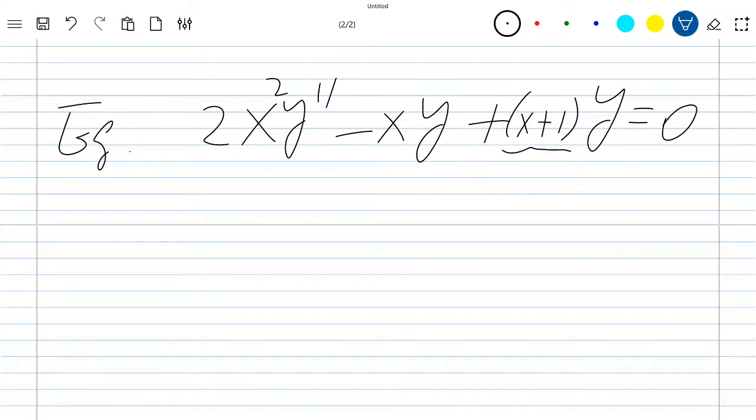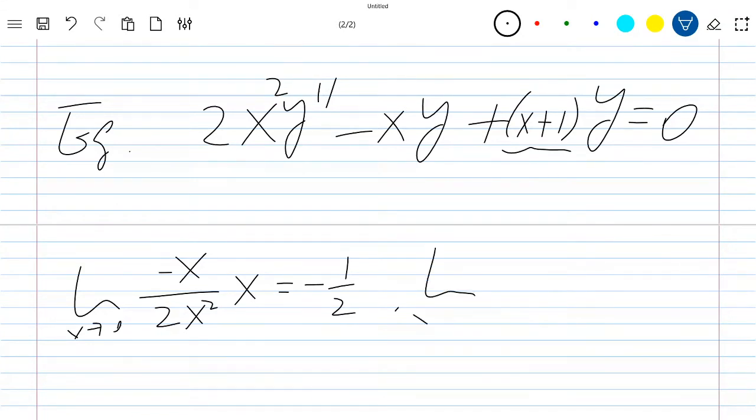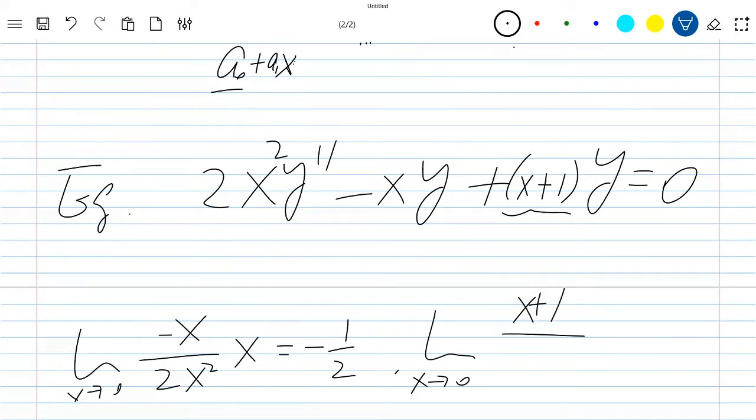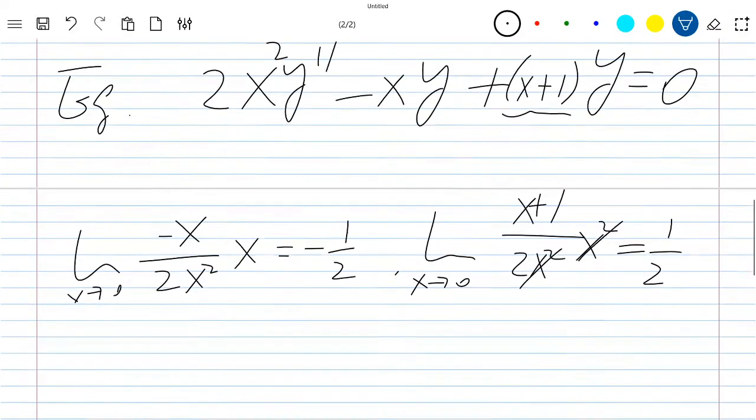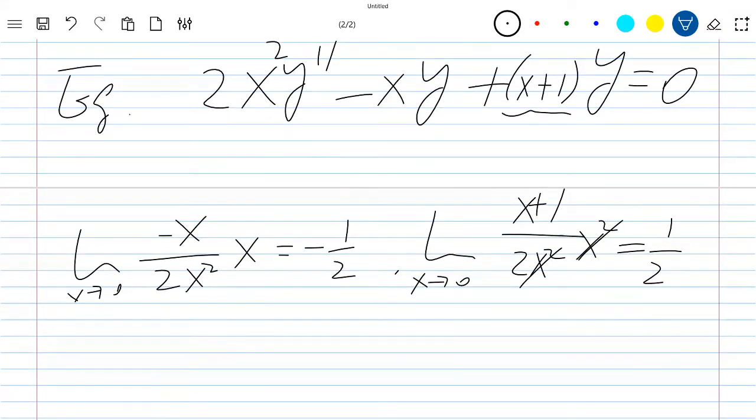Or if you really go through the procedure, you can see q equals this, p equals that, then you times x, then this will give you negative 1/2, and if you go through this limit, x plus 1 over 2x squared times x squared, then this will convert to 1/2, like that, right?